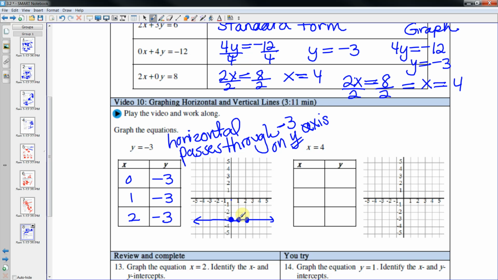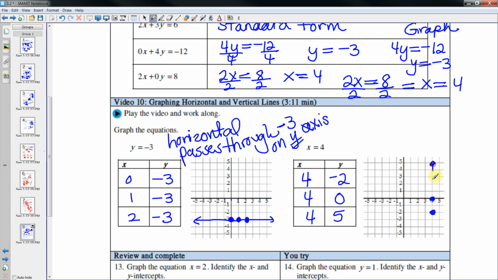Okay, let's look at one if we have x. What this x equals 4 is telling me is that no matter what, x equals 4. I could have, let's do negative 2, 0, and 5. Doesn't matter what I have for y. I have x as being 4. So let's graph it and see what happens. Over to 4, down to negative 2. Over to 4, up 0. Over to 4, up 5.